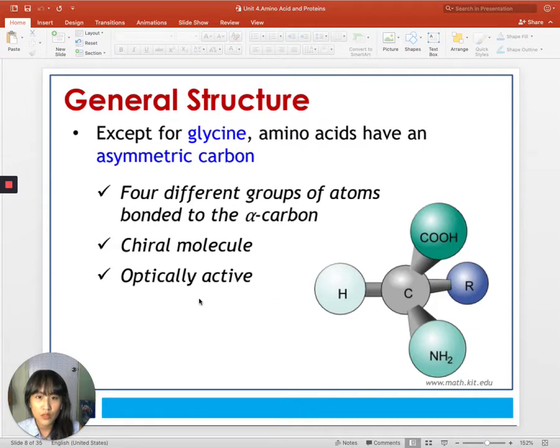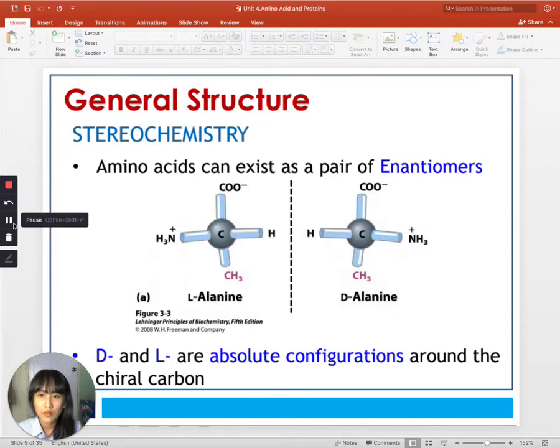Also, the structure is optically active. Just like your left and right hand, this pair of amino acids does not have a perfect overlap. These are called enantiomers. Why is this important? This allows the amino acid to rotate the plane of polarization, or to have an optical activity.